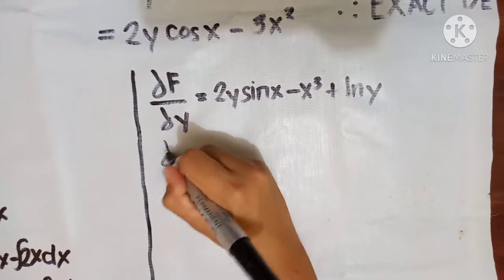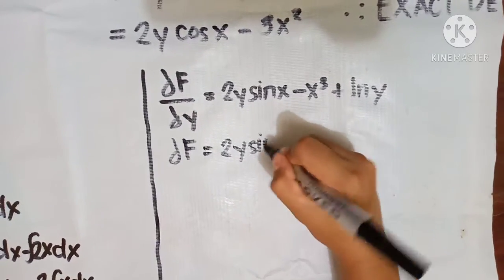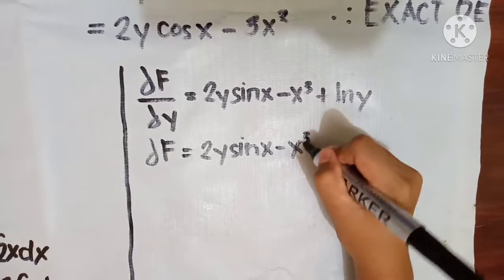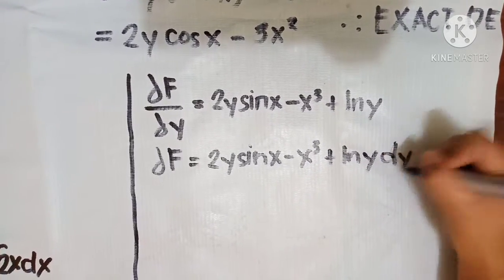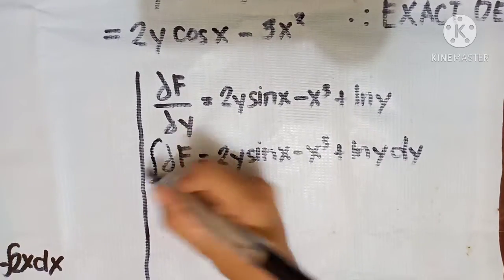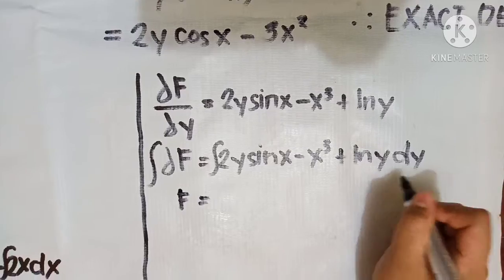So we'll then cross multiply. We have partial derivative of f is equals to 2y sine x minus x cubed plus ln of y dy. We will integrate. So this will become f, and we will distribute the integral sign here.